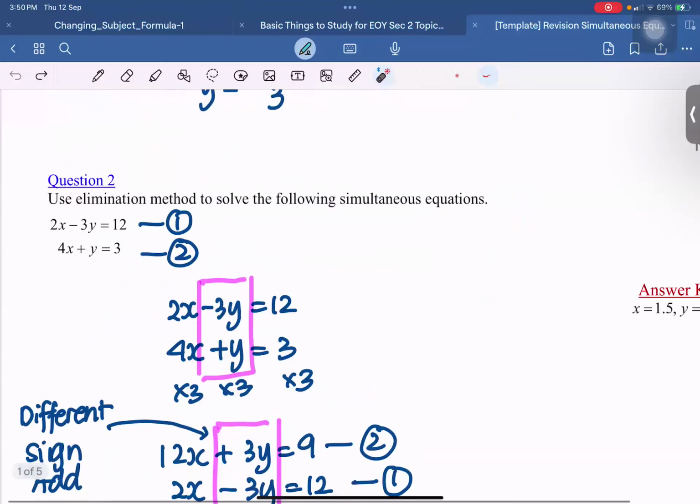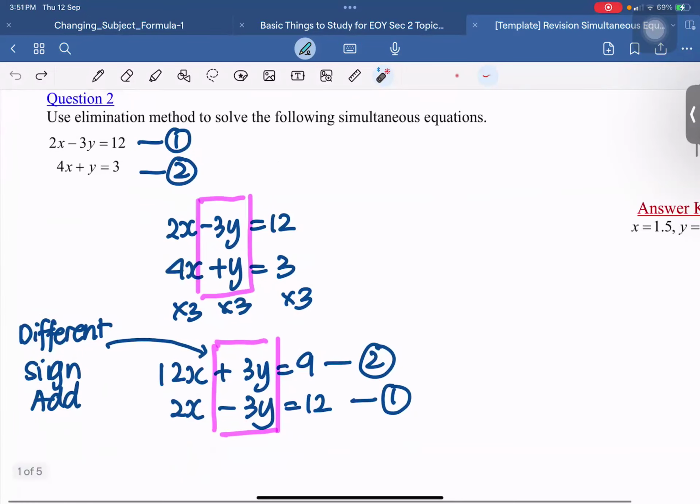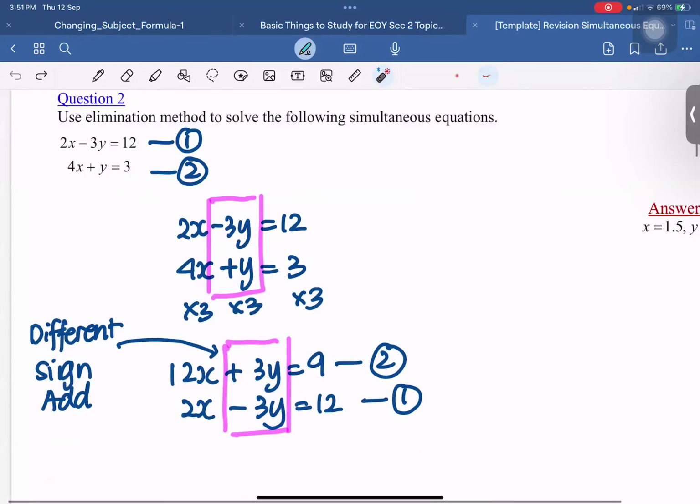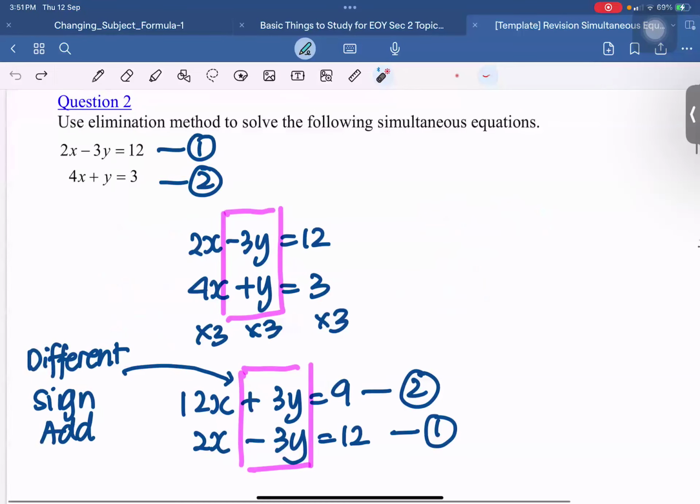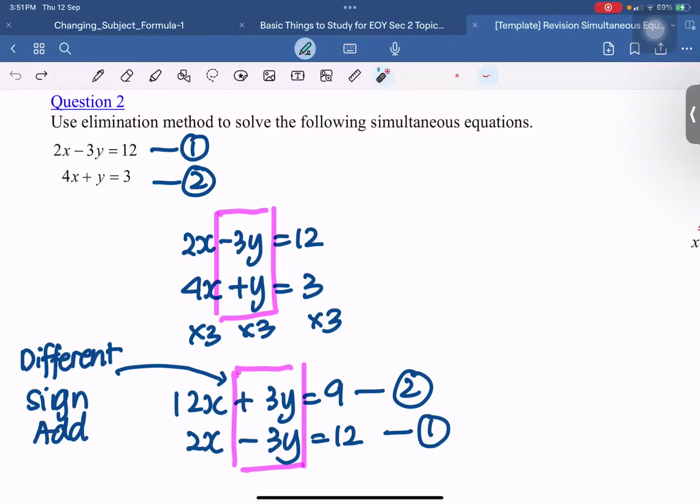Then if not, we should use the elimination method. How to use the elimination method? First, we must make them the same number of units. In this case, I wanted to make the units for y the same.